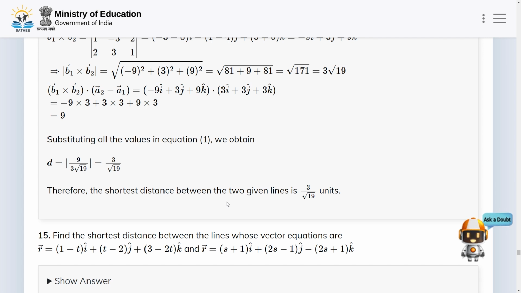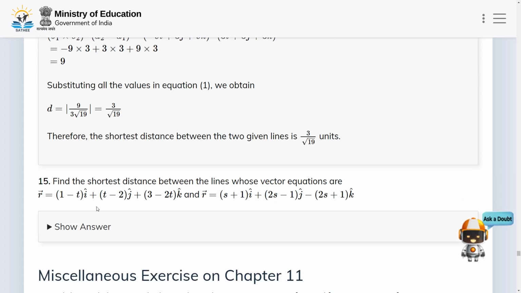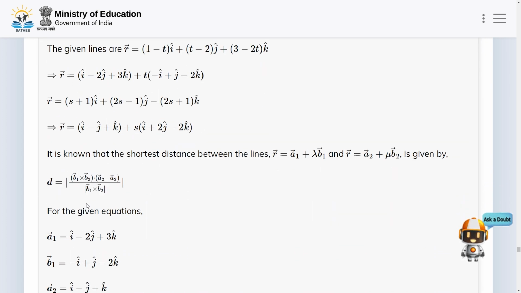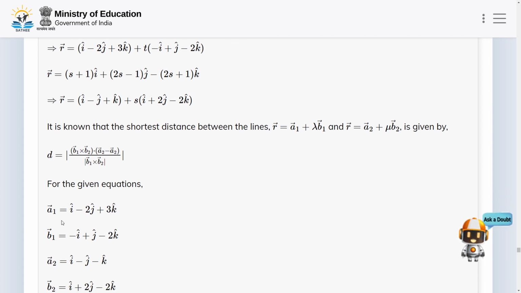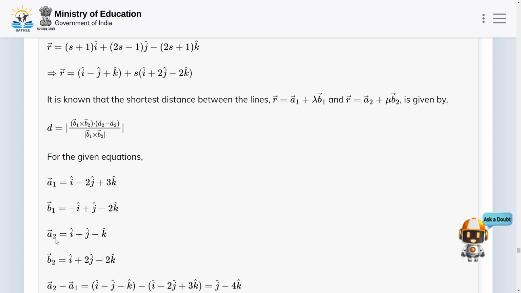units. Now the last problem of this exercise is to find the shortest distance between the lines whose vector equations are given in the following manner. You know your distance formula, your shortest distance between any two lines. By comparing you will get a1, b1, a2, b2.